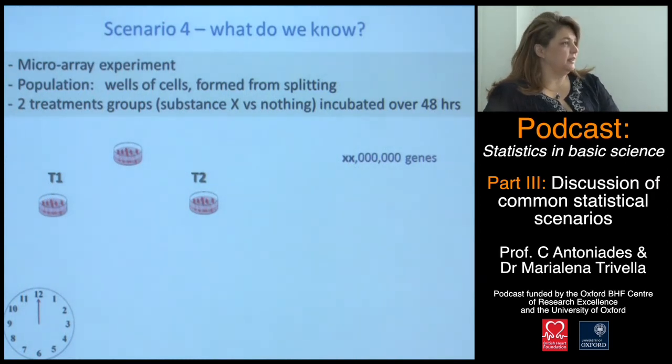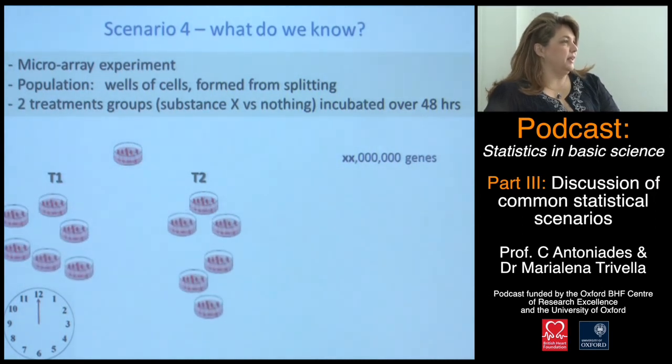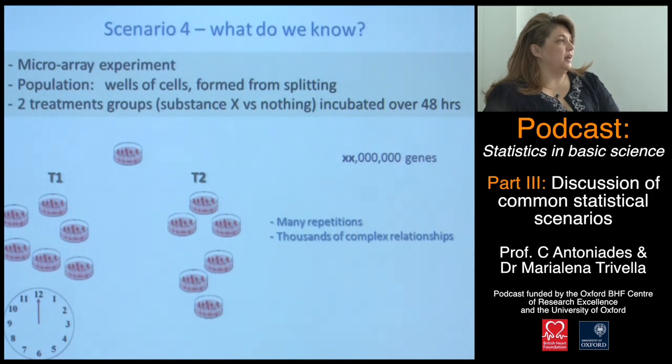So in summary, we should have as many repetitions as possible, and that gives us a number of complications. We will have, as well as repetitions, thousands of complex relationships to consider. And thankfully, over the last 10 years, and even now, appropriate software is being developed, and therefore we can rely on choosing the appropriate software.